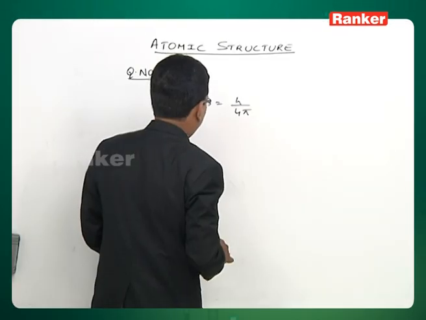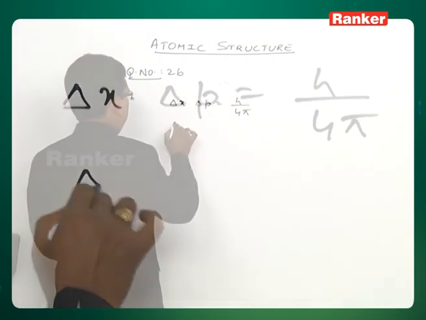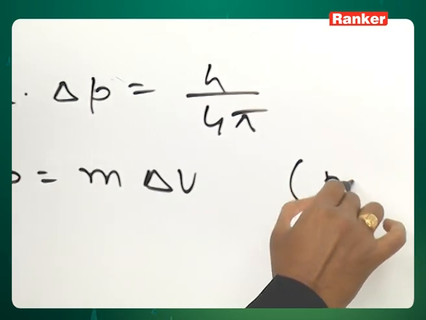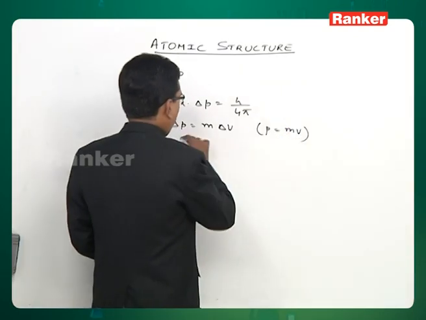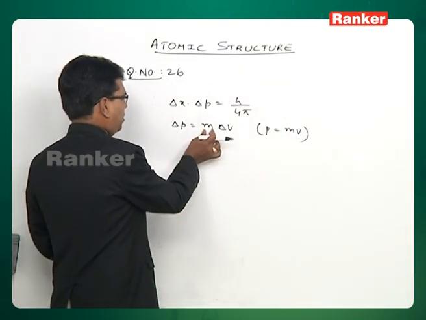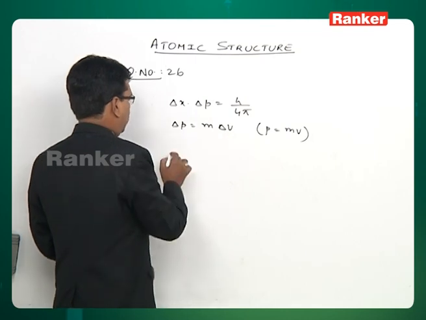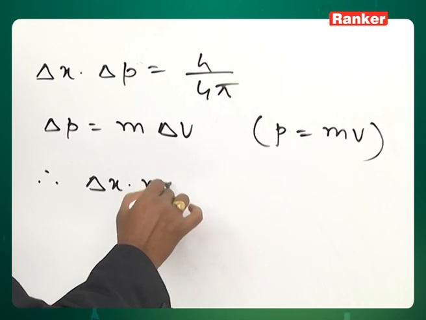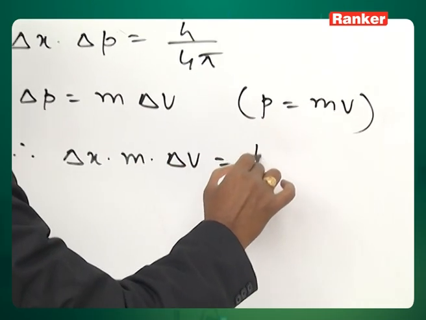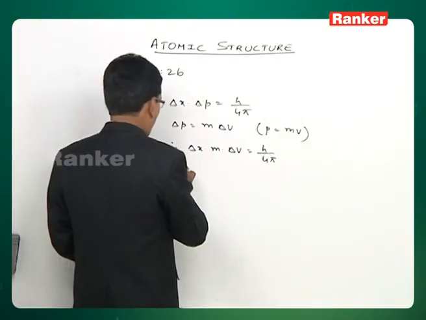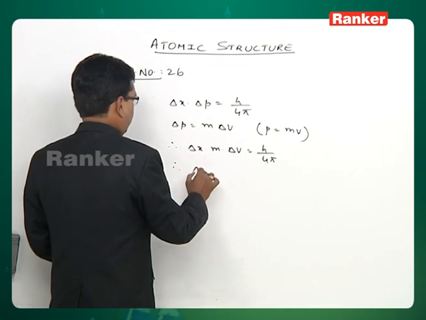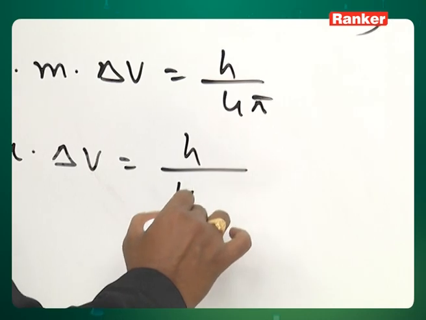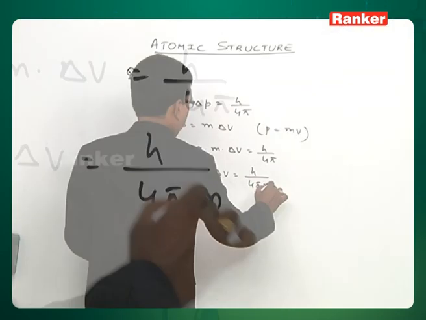Delta p is nothing but m delta v, because p is equal to mv, and mass is constant. Therefore, delta x into m delta v is equal to h by 4 pi, or delta x into delta v is equal to h by 4 pi m.